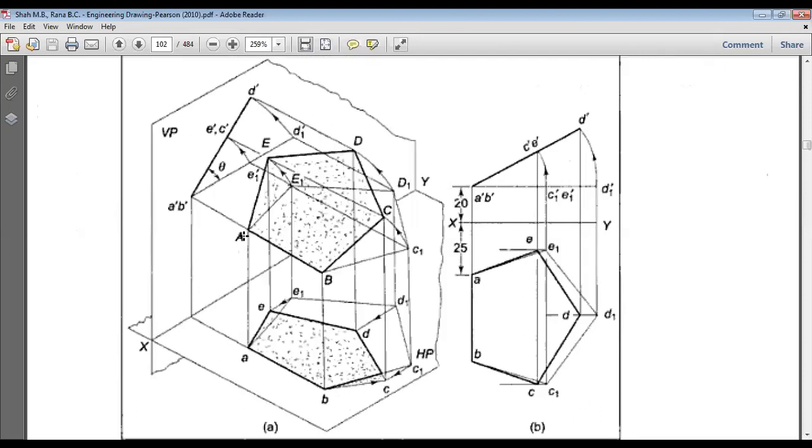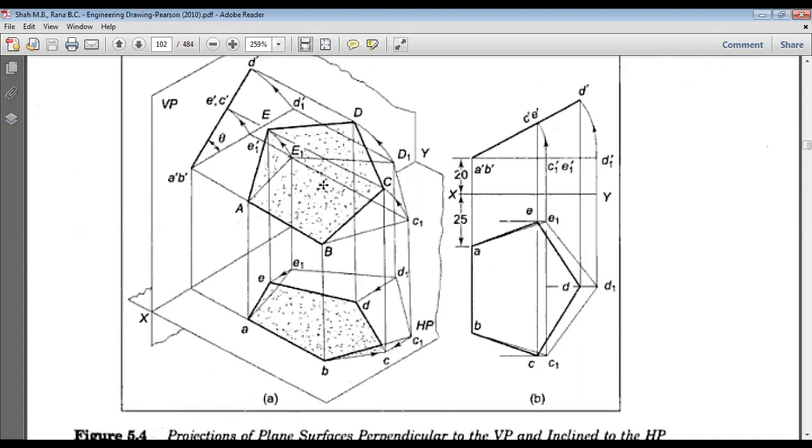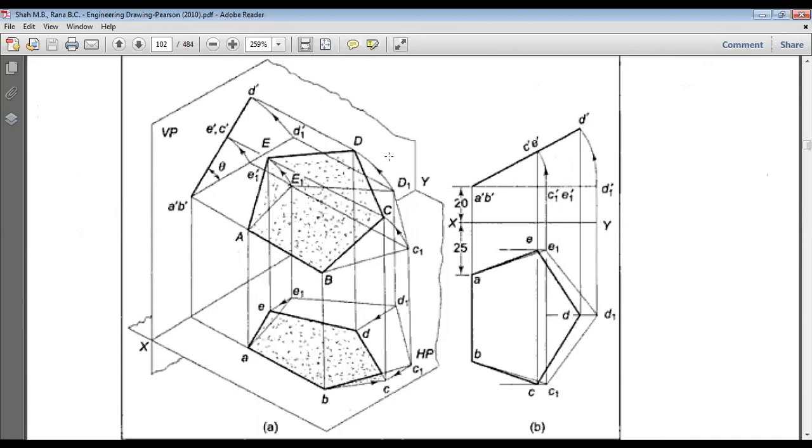So this figure is A, B, C, D, E, capital A, B, C, D, E. This figure is somehow inclined at some particular angle with the horizontal plane. If you see the horizontal plane, you find that this figure is inclined with the horizontal plane, and it is perpendicular to the VP.